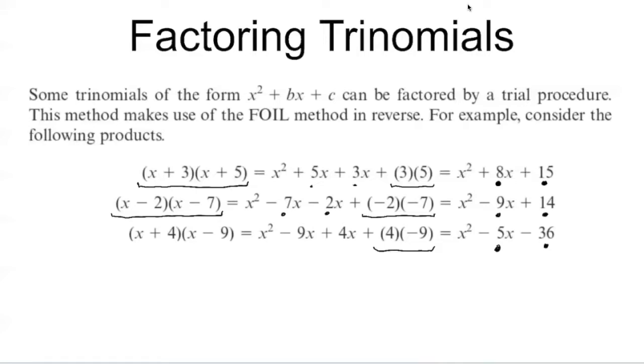So 4 times -9 we know is -36, but do they sum up to -5? Well, if I have -9 and I add 4, or if I have 4 minus 9, I know I'm going to get -5. Since I've identified that, I can come up with my factored form of my trinomial as x plus 4 times x minus 9.